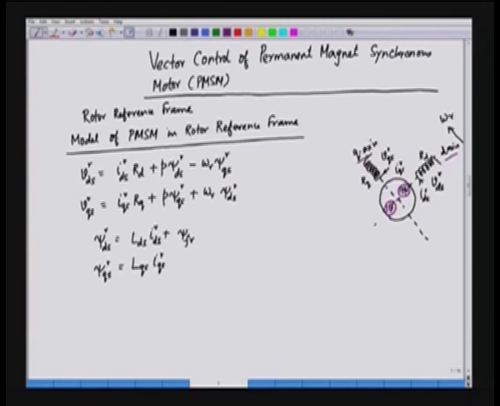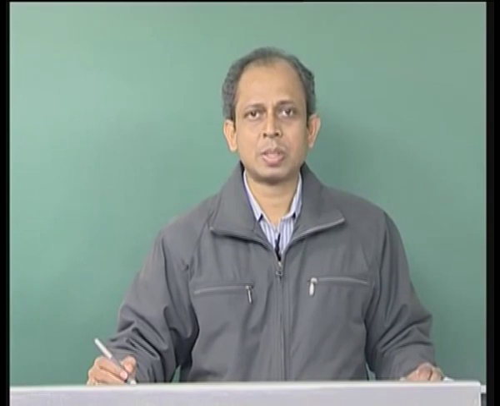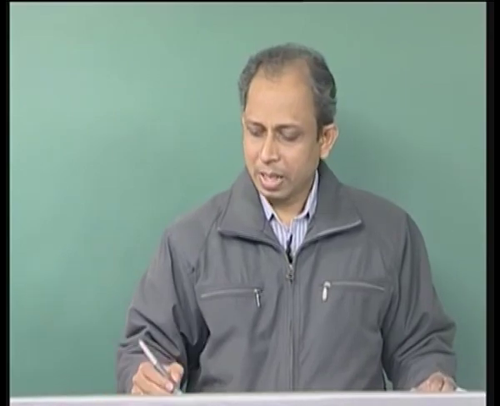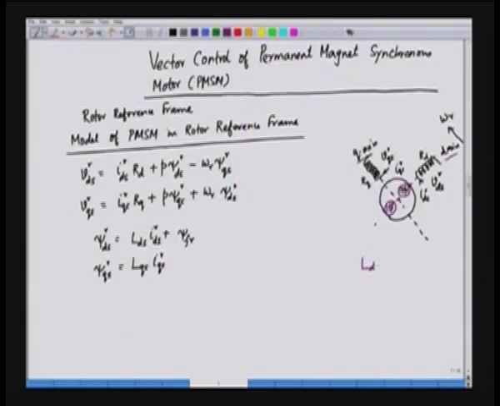So, in fact, in a PMSM machine the D axis inductance is smaller than the Q axis inductance. So, in general we can say that LDS is less than LQS, because in the D axis we have a magnet, and the magnet will behave like an air gap. So, the D axis permeance is reduced and hence the D axis inductance is less.